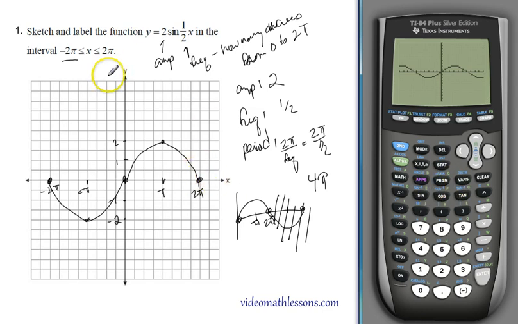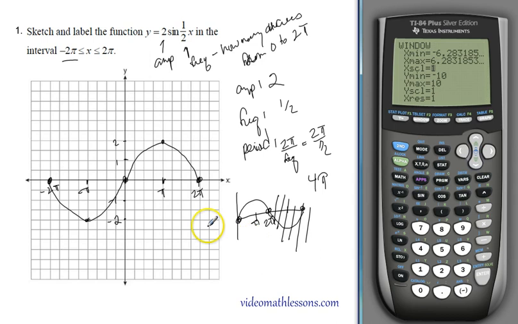Now, if I hit graph, I get something, but what I want to do is set the window from here to here. That's going to help me. So now look at the x values, -2 pi to +2 pi. So I'm going to press window. X min is -2 pi, and x max is +2 pi.